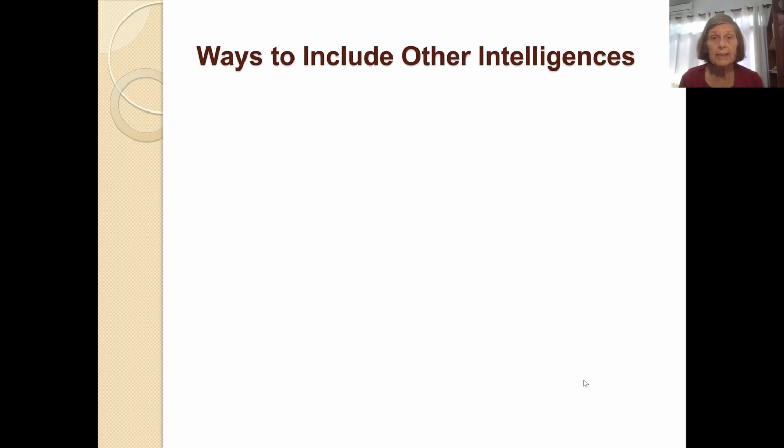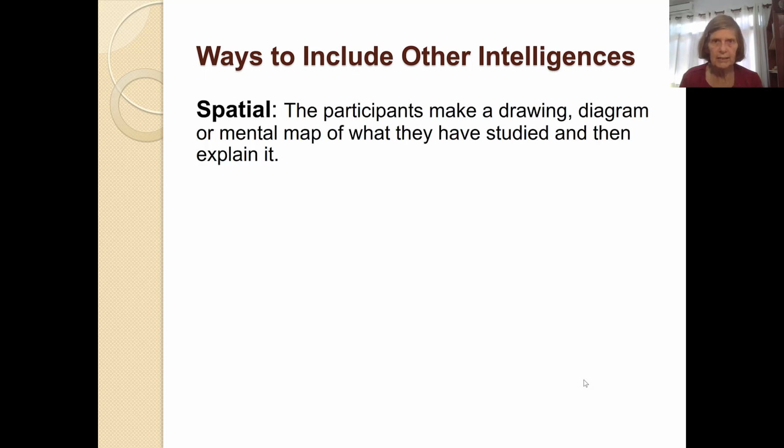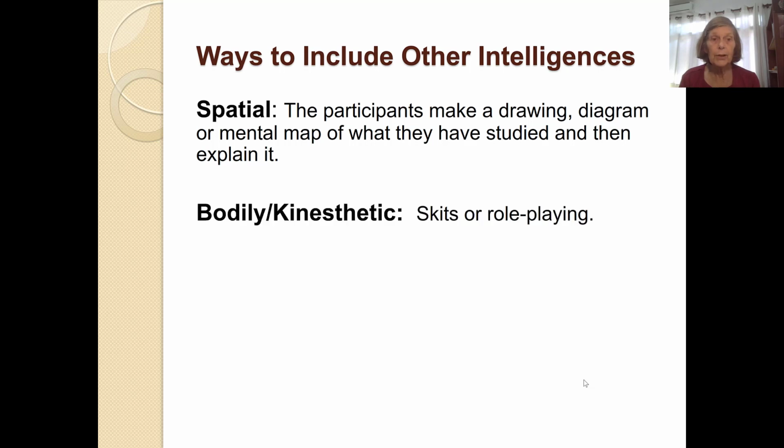Some ways to include these other intelligences are spatial intelligence. We can ask the participants to make a drawing, diagram, or mental map of what they have studied, and then explain it. We can incorporate bodily kinesthetic intelligence through having the participants do skits or role-playing.